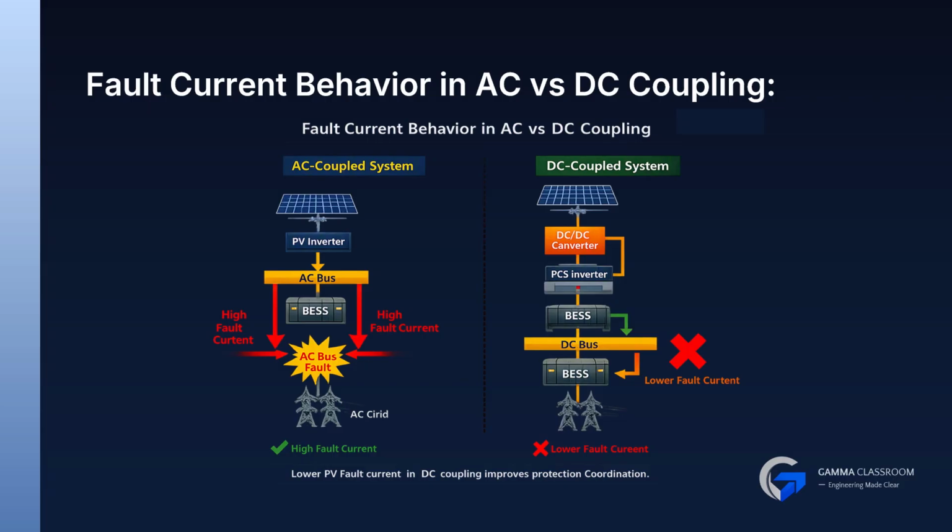In DC coupled systems, the PV fault current is much lower because it's limited by the DC bus and converter.